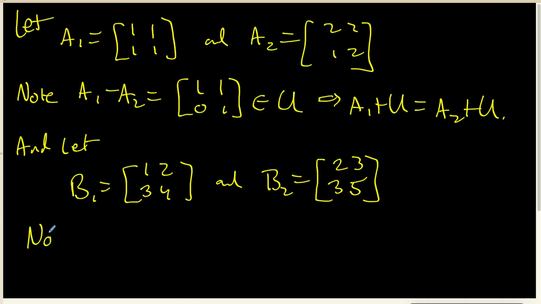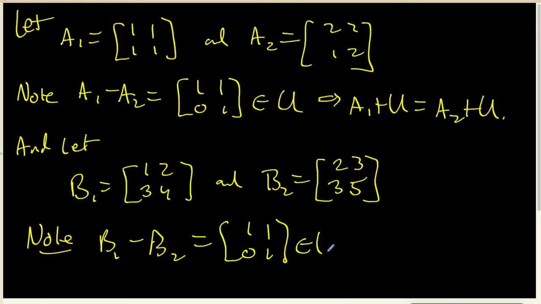And if I look at B1 minus B2, that's also going to be 1, 1, 0, 1, which is an upper triangular matrix. And so I also know that B1 plus U is equal to B2 plus U as cosets.